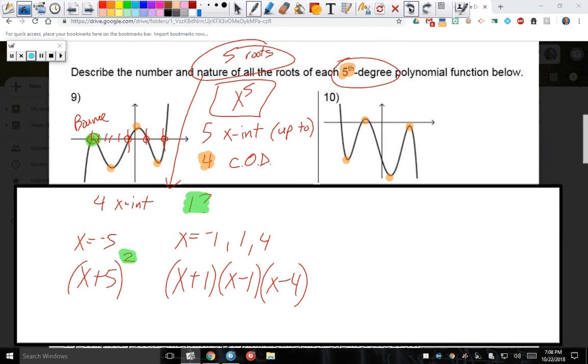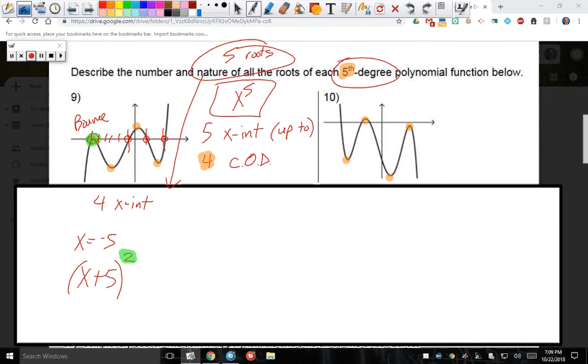So listing them all, let me go ahead and make some room now that I've given you the backstory of how you're identifying all this. We know that we have one double root, and it is real, so one real double root. The reason it's real is because it actually touched the x-axis.